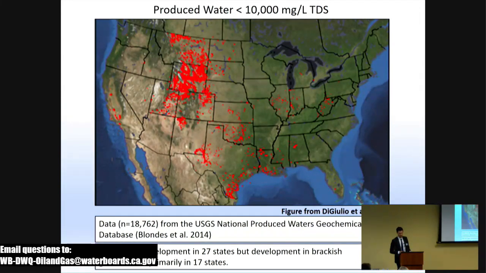So while that certainly means that there's oil production happening in oil-bearing zones, obviously, certainly a proportion of that is also occurring in low salinity zones that could be treated in the future for reuse of some sort.